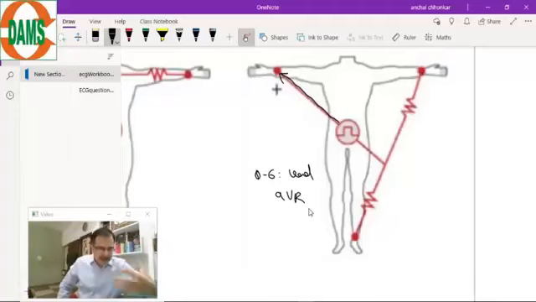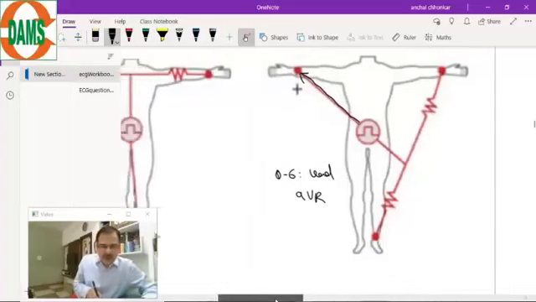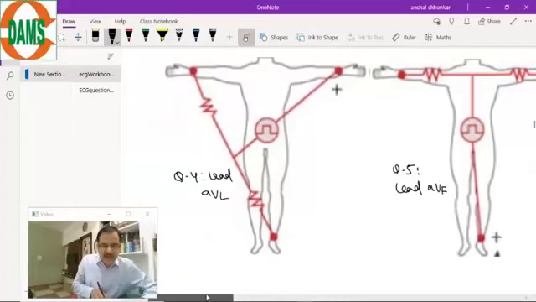Now the mathematics. Some of you have asked what is the axis of AVR and what is the axis of AVL. Understand carefully, AVL first.